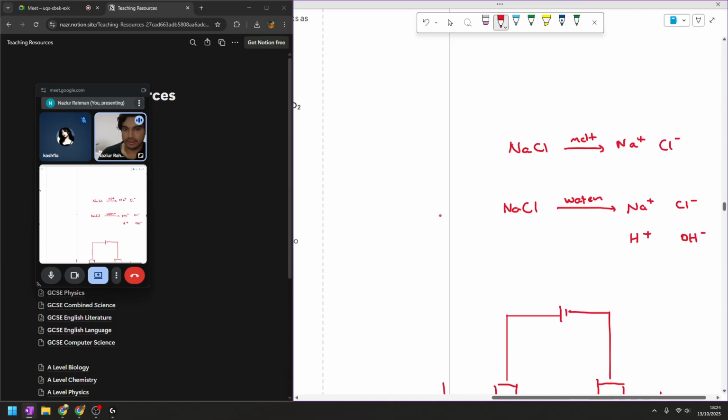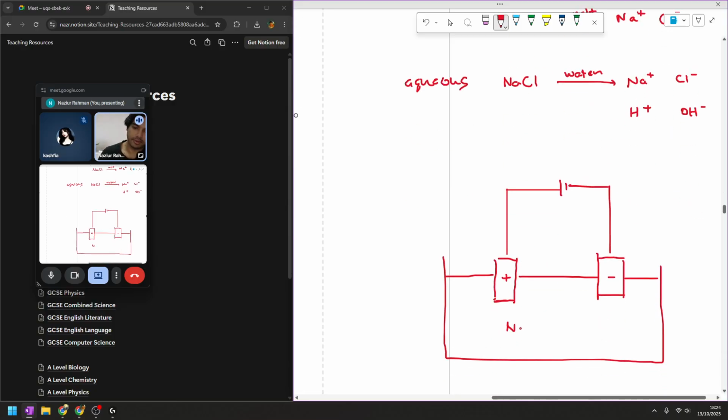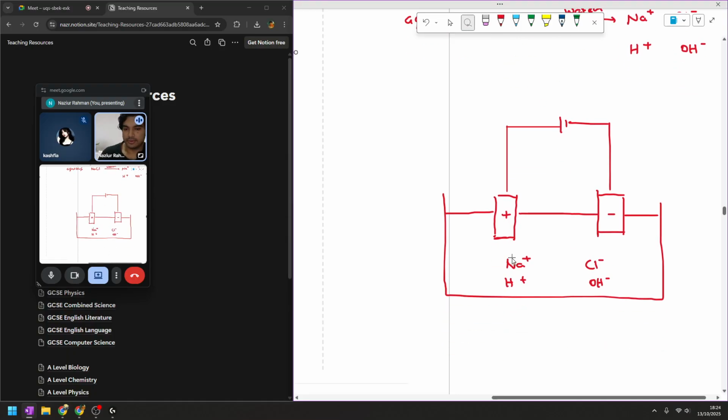For aqueous sodium chloride, you have sodium ions and chloride ions, but you also have hydrogen ions and hydroxide ions. So they would go to opposite terminals. The positive ions would go to the negative side and the negative ions would go to the positive side. But now they will discharge preferentially. There's a difference in reactivity between them, so one will react before the other does.